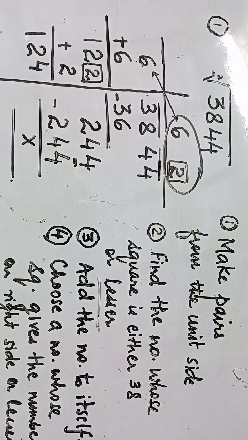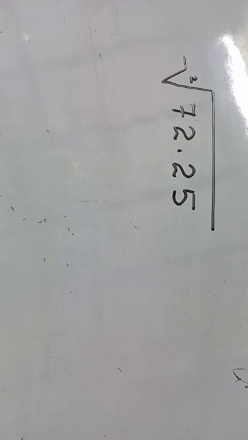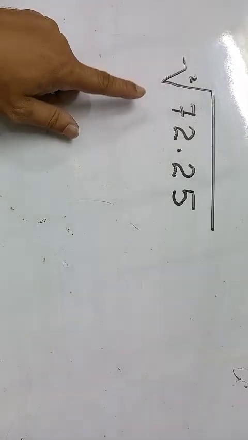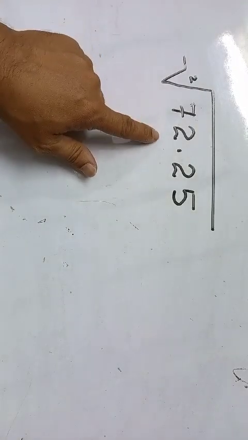Now in the next question I will use an example of a decimal number, because you can always have questions involving finding the square roots of large numbers which have decimals also involved. So my next example is finding the square root of 72.25.